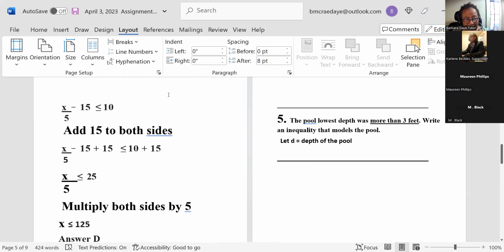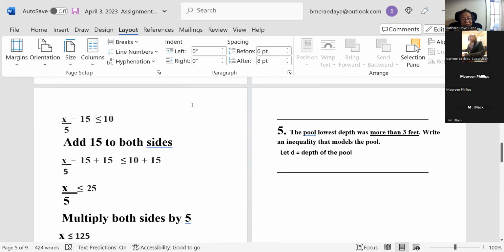So that would be your answer. You could have figured it out just like that, right? If I put 125 here, divided by 5, I get 25. If I subtract 15 from it, I get a 10. So I know my answer is 125.